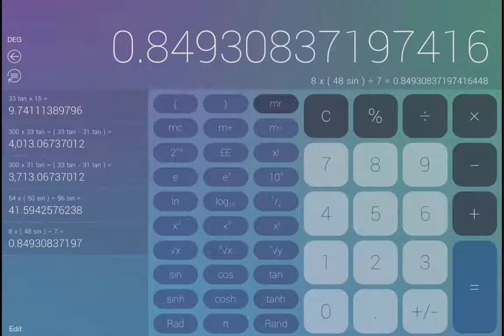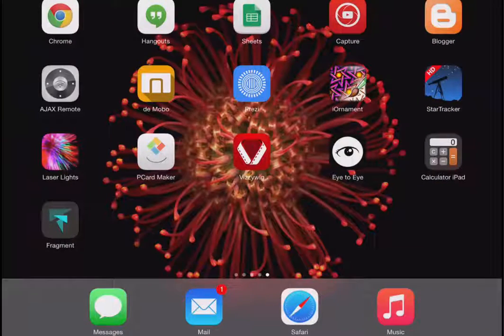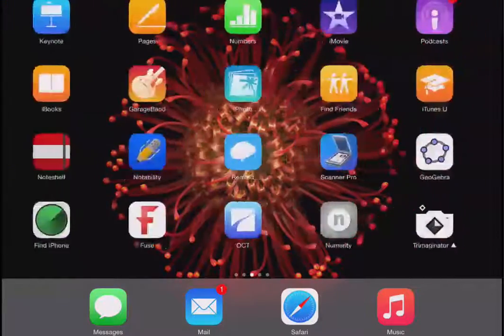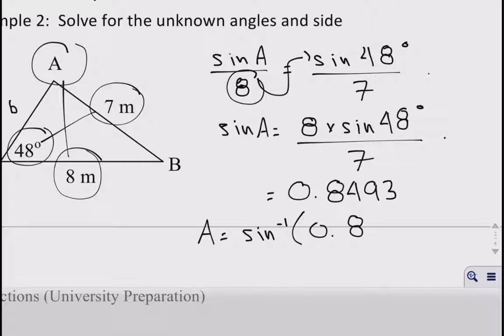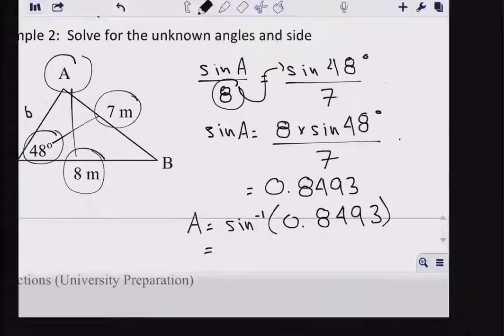So let's use that 0.8493 in our question here. I take the inverse sine of that to give me my value for A. Let's go back to our calculator.